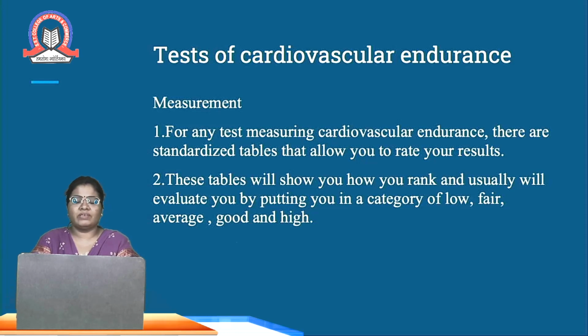In the start, we may be at the low or fair level. After continuous practice, the endurance will increase in our body and it will lead us to achieve good and high levels. For that, practice of continuous cardiovascular endurance improving exercises is very important.